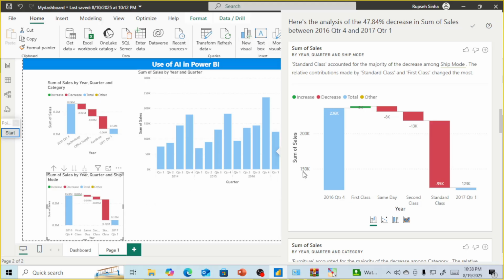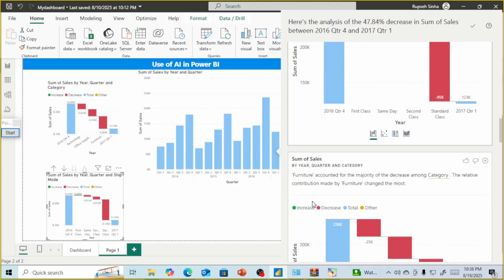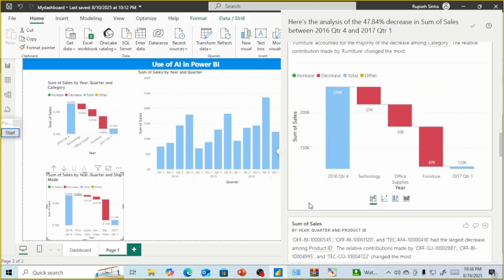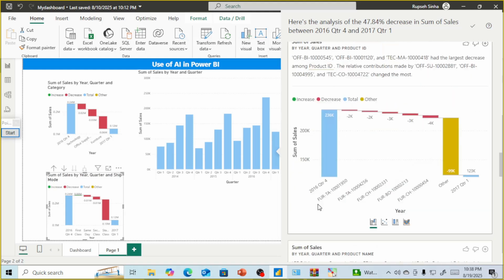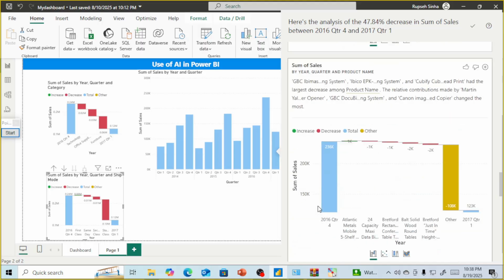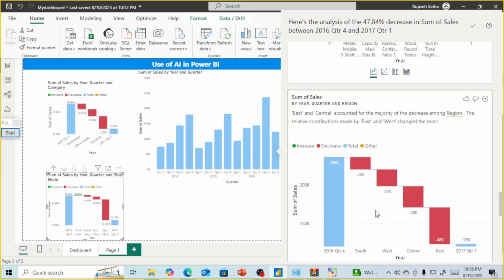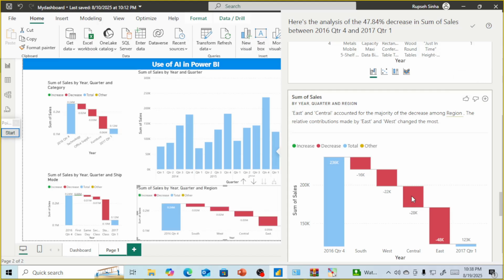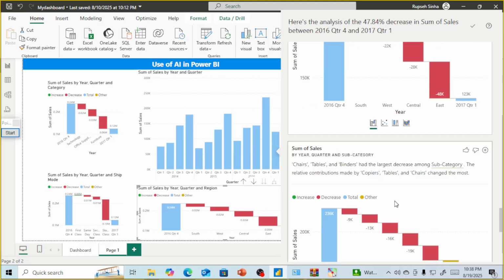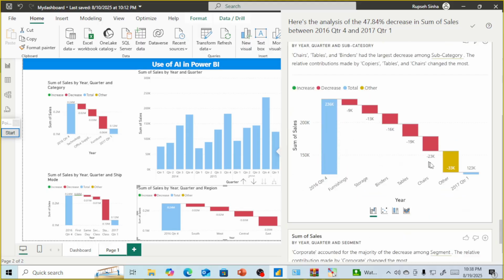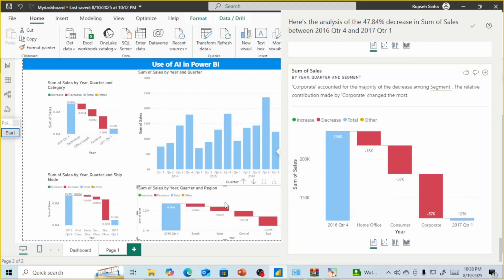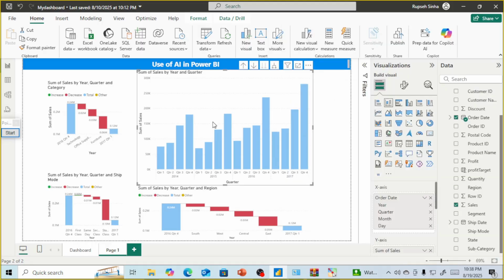Here came standard class, and furniture already we took. This is region wise sales. Subcategory.